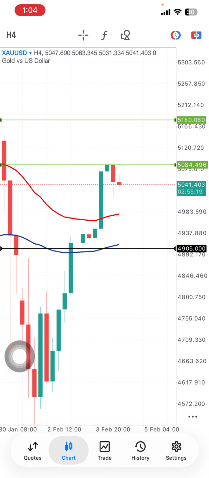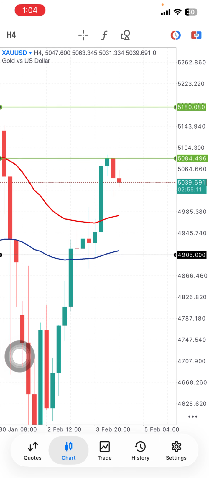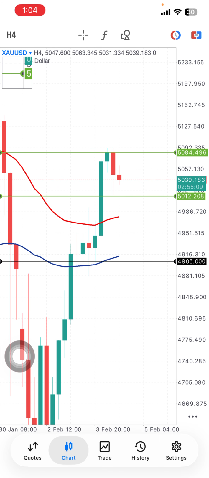Over there, you demarcate that and then check your lower time frame. The next thing you should be mindful of is this rejection over here, just below the red candle.